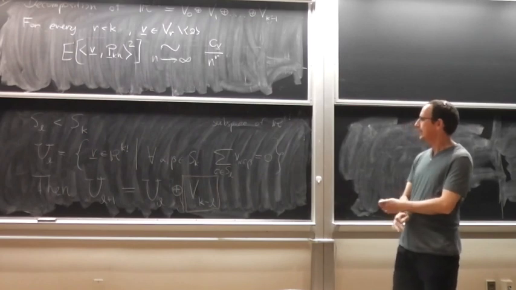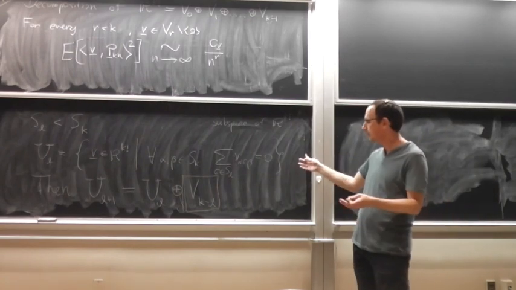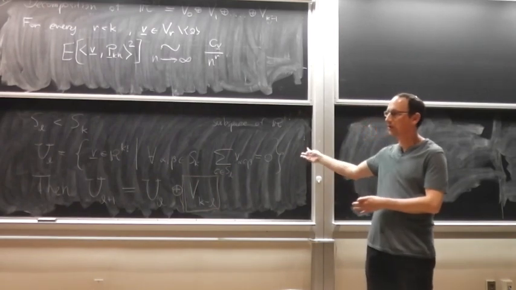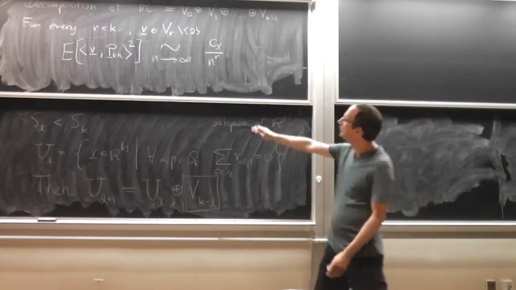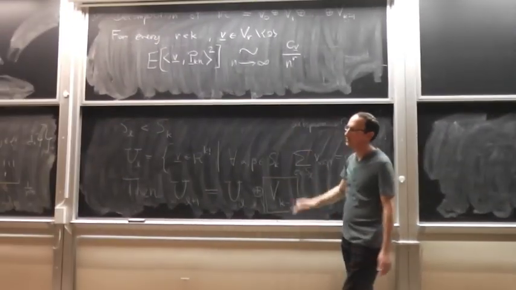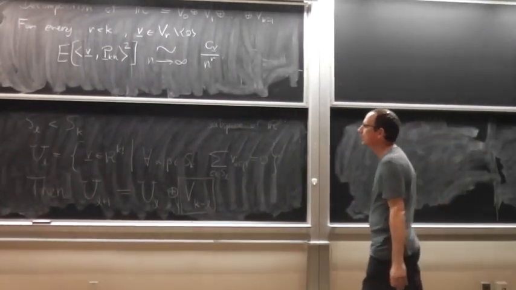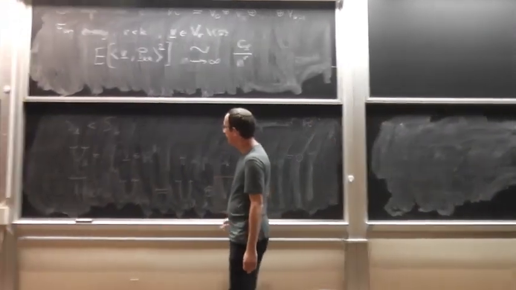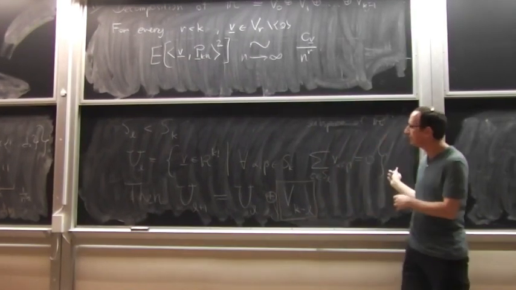And let me say that this is more or less what we need to know in order to show this main result. So we need to know this definition, and we use both sides of it.